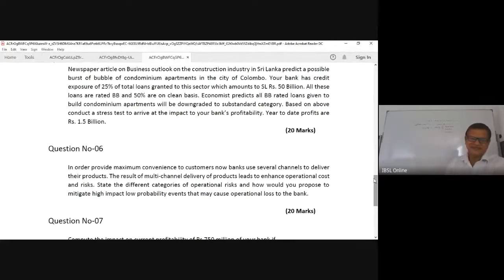Now here, you are providing these types of services. You are providing branch banking. Branch banking involves people. People can make mistakes. So the type of our operation is brick and mortar, and the risk relates to people.